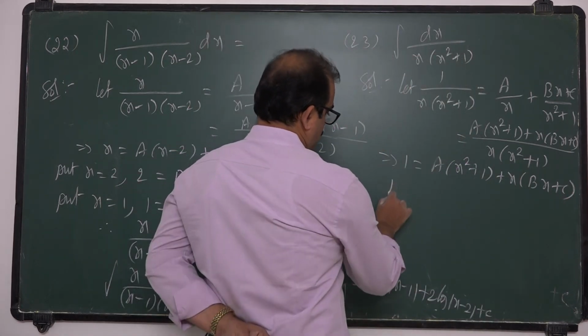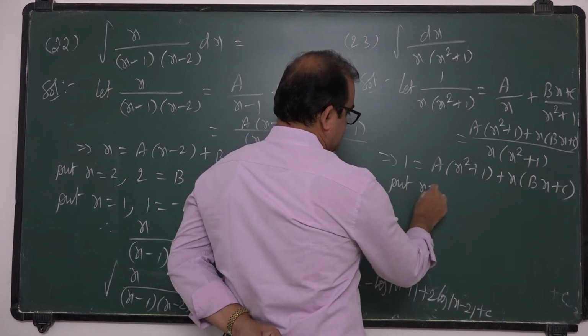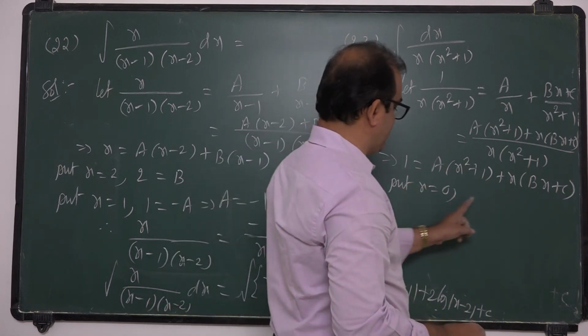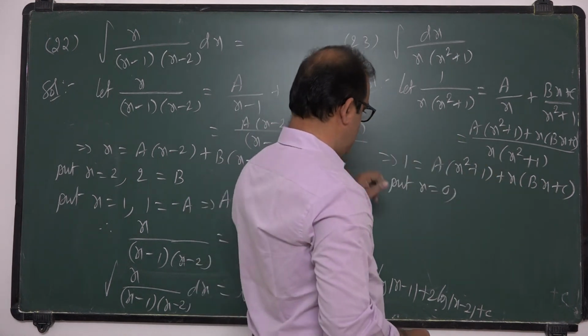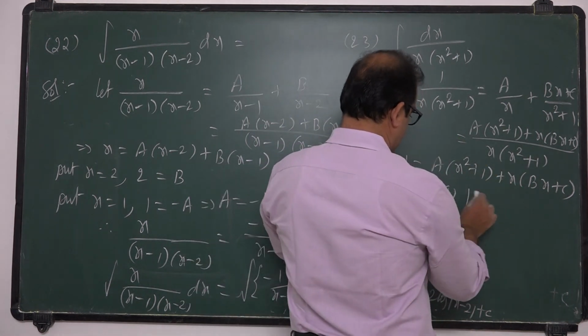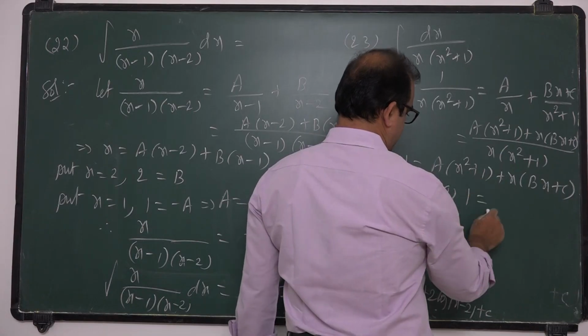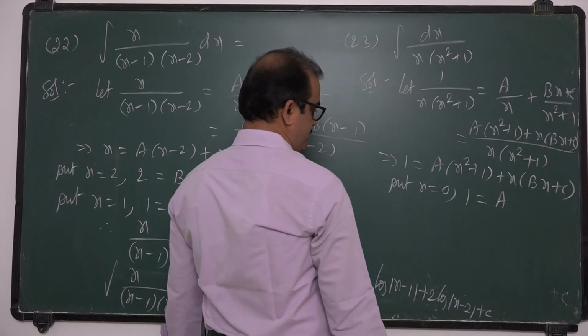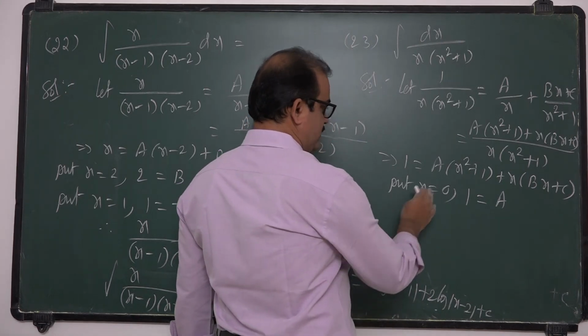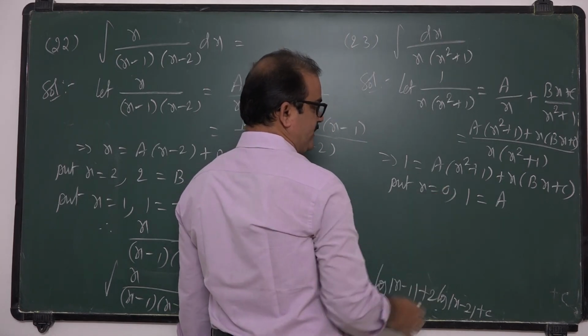Now you put x is equal to 0. If you put x is equal to 0, then this term becomes 0. So we get 1 is equal to 0 plus 1, so 1 is equal to a. Next, we can't give any other value to x.